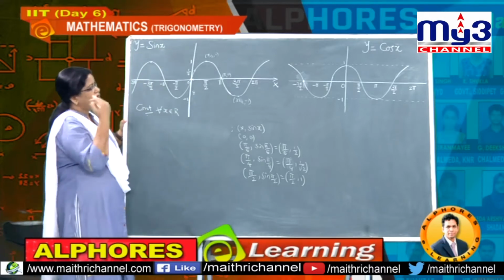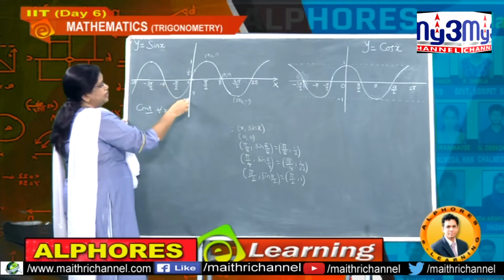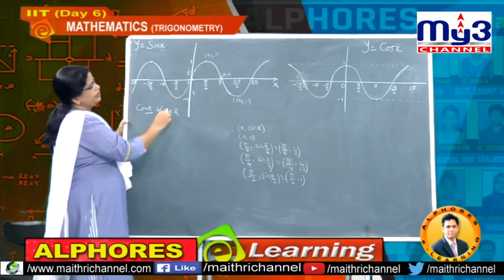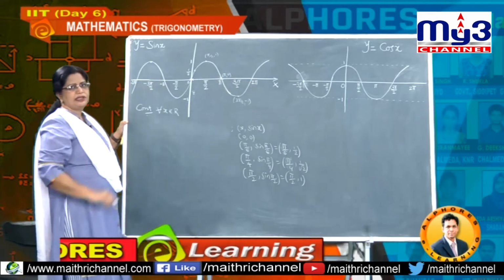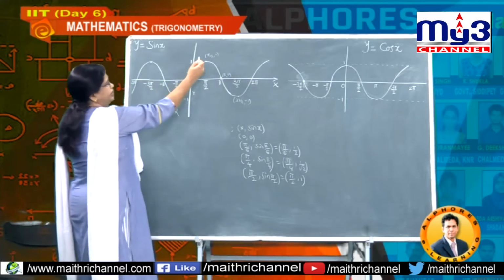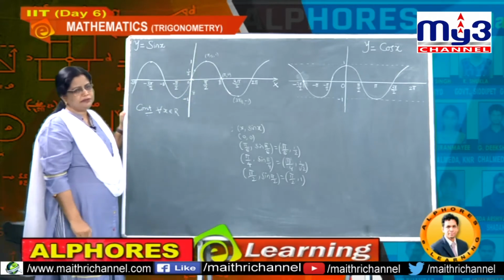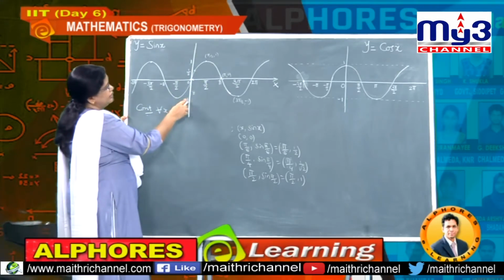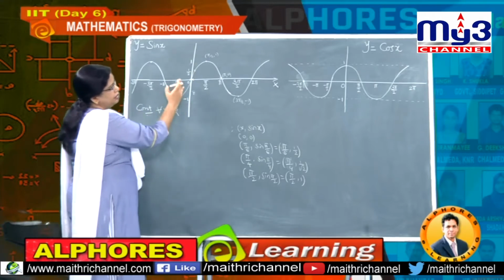And the next one is here, if you write here this is 1, this is minus 1. However far it goes, largest value or least value this side, the curve is never going above 1 and it is not coming below minus 1. That's why it always takes values only between minus 1 and plus 1, however large or small x is.